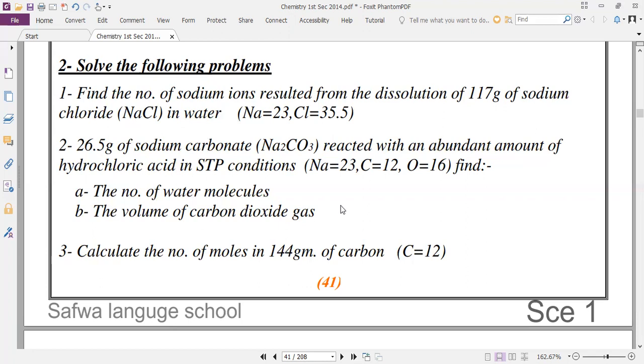Right. So number of water molecules equals what? The number of water molecules equals number of moles times Avogadro's number. Equals 1.505 times 10 power 23 molecules.